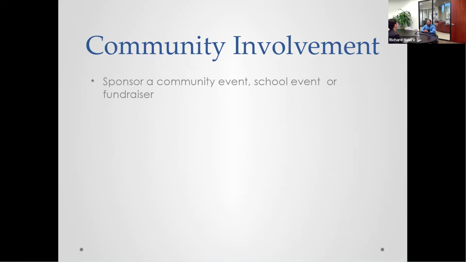I know Holding used to sponsor Beckman High School, where they would allow him to put his banner with his name and face and everything on it on the fence in the back of the baseball field. So when people are watching the game, they see his banner in the back, or facing the street when people drive by, they see the banner. And you just give a donation and they do that for you, right? So look for opportunities like that.